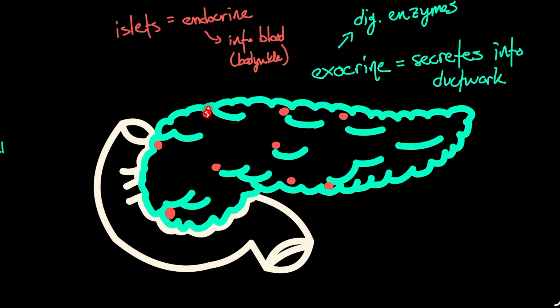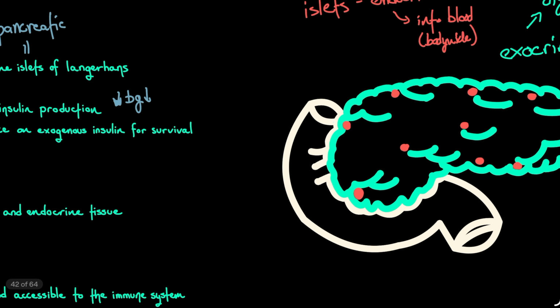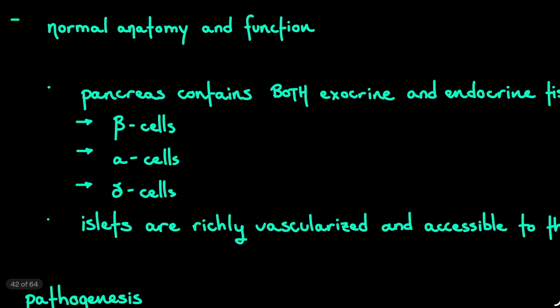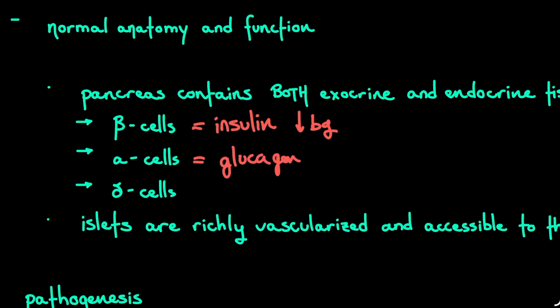These cells, or these islets, house cells that produce insulin, glucagon, and somatostatin. Let's look at those real quick. So your beta cells: insulin secretion, lower blood glucose. Glucagon from the alpha cells: raise blood glucose.